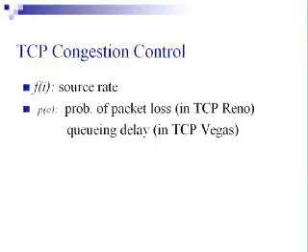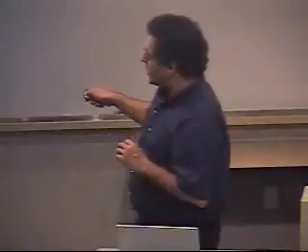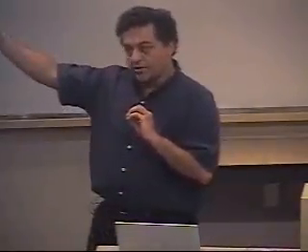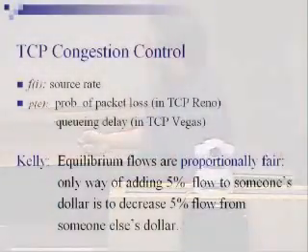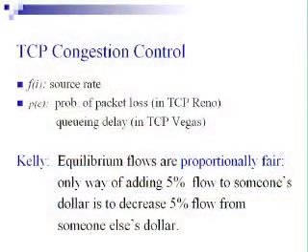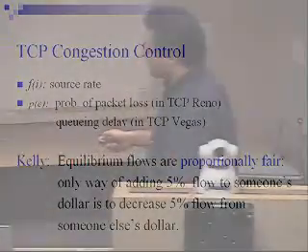In Kelly's model, these flows will be source rates, and the prices of edges can be viewed as either probability of packet loss in TCP Reno or queuing delay in TCP Vegas. And now every unit of flow is either going along a path of least probability of loss or a path of least delay, right? And in this framework, Kelly established a very fundamental theorem that these equilibrium flows satisfy proportional fairness.